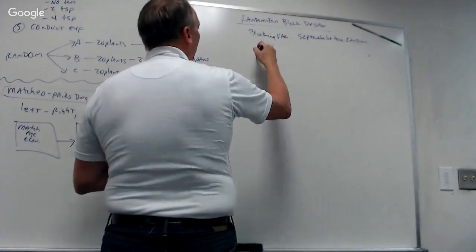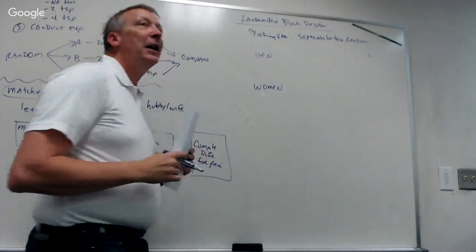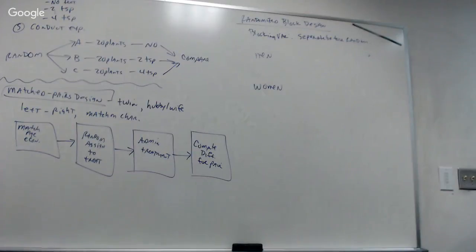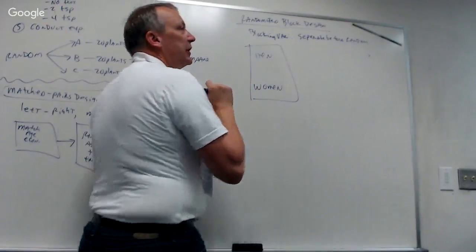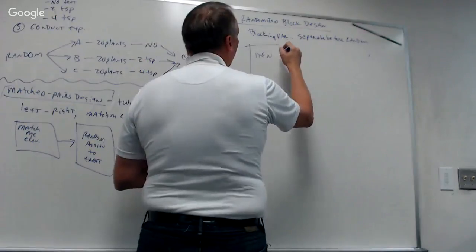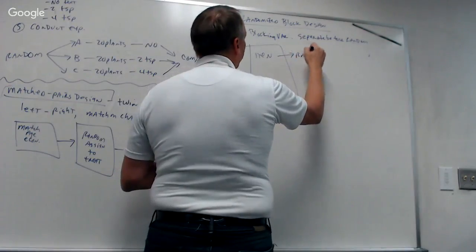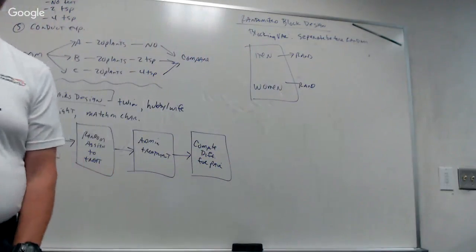So a lot of times what will happen is we'll break up into men and women, let's say. Okay? And then, so gender in this case is your blocking variable. Okay? And so then at this point, now we will randomize. So randomization, once again, is the second step. Okay?